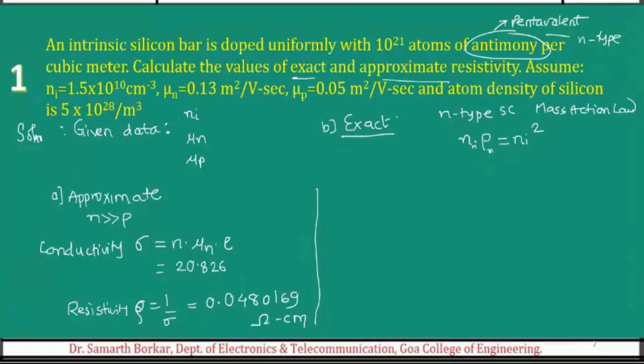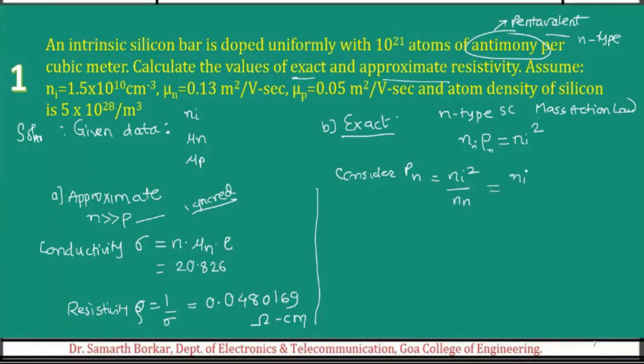So if I want to calculate the p value here, which is the minority charge carrier, earlier we had ignored it, isn't it? p was ignored. Here we have to consider it. So calculate the value of pn as ni squared by nn.